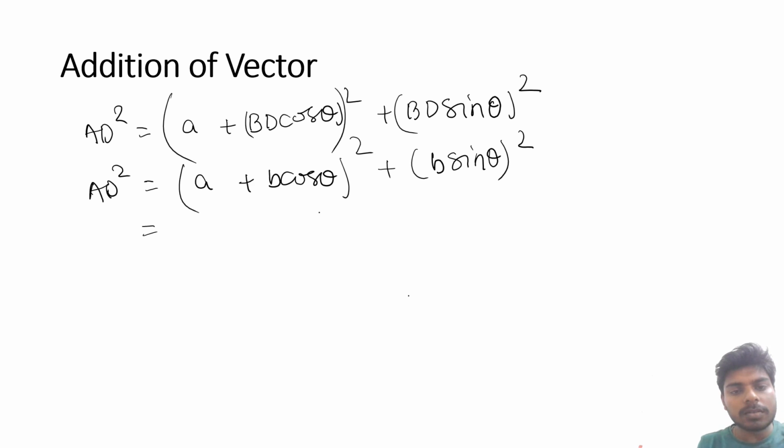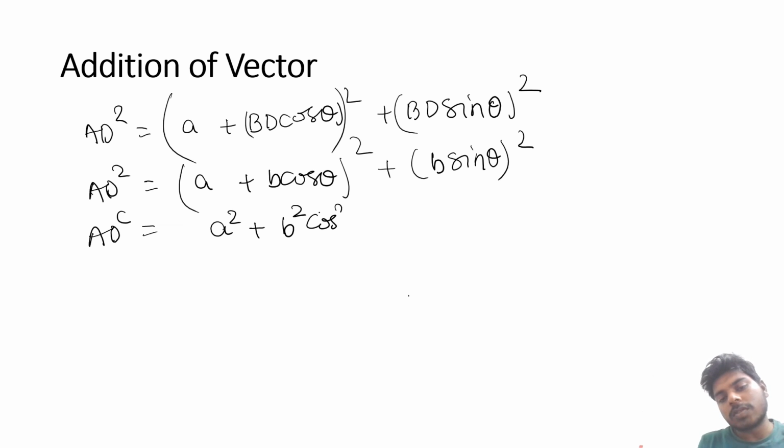After so much manipulation, you will get A square plus B square cos square theta plus 2AB cos theta plus B square sin square theta.